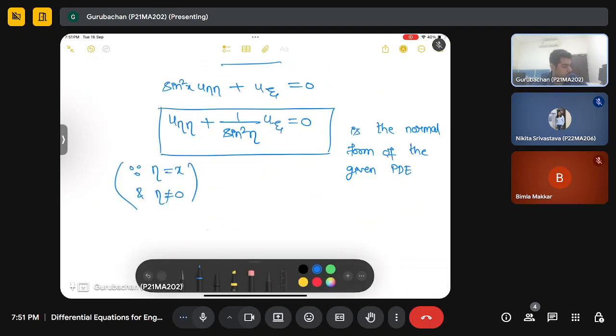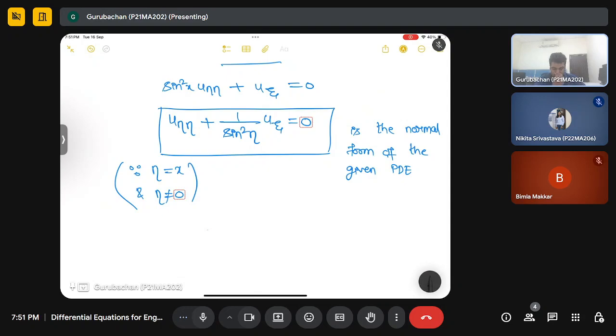Okay, so let us move to the last question. Again we deal with variable type of coefficients, but here we also solve the PDE.